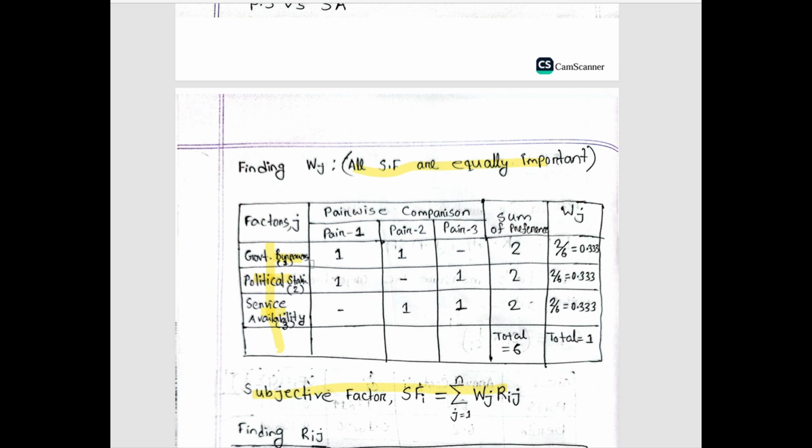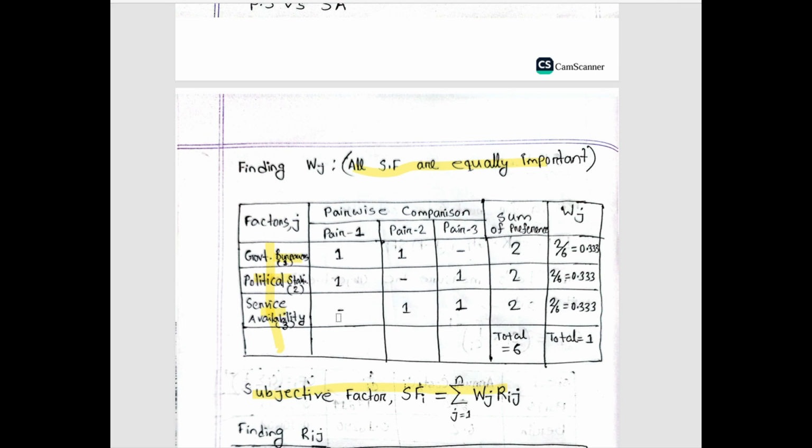If we give government bureaucracy a value of 1, we have to put the value 1 for political stability as well. Service availability was not involved, that's why it is a dash. Now some people may put 0 here.